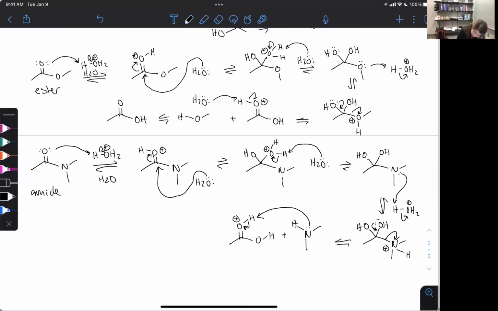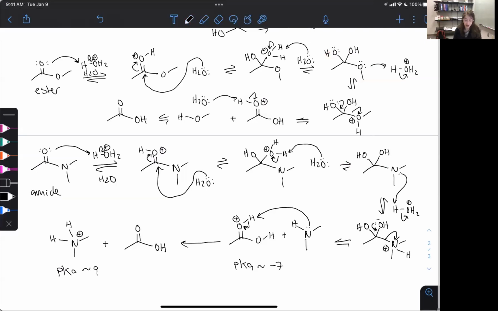So if we have that amine formed, that's actually going to be our base now. And so what that's going to end up doing is, once we do this, that's actually going to be an irreversible step. So when we get here, this pKa of the ammonium is about 9, and the pKa of the protonated carboxylic acid is about -7.